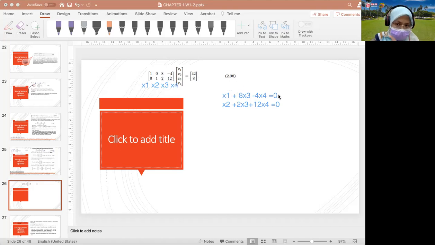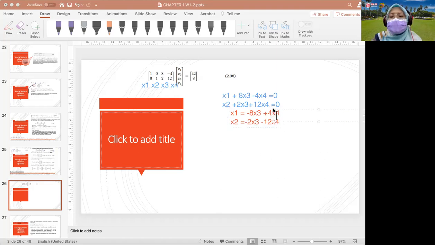Okay, so if we modify this equation a bit, x1 plus 8x3 minus 4x4 to be x1 equal to 8 minus 8x3 plus 4x4, and x2 is equal to minus 2x3 minus 12x4.